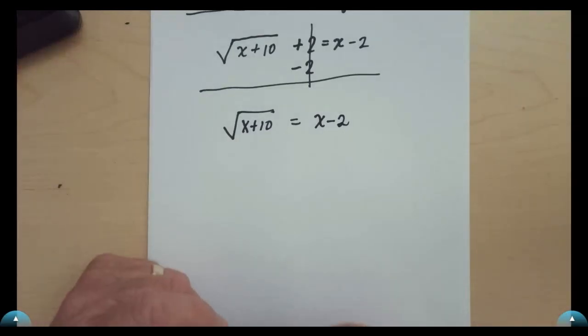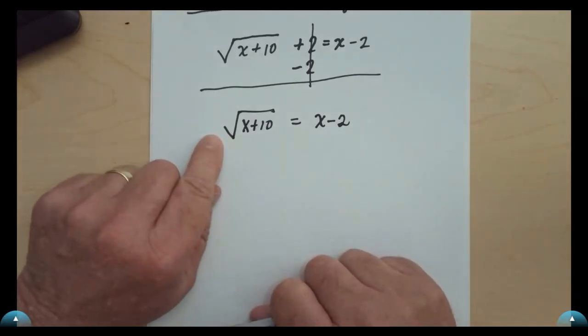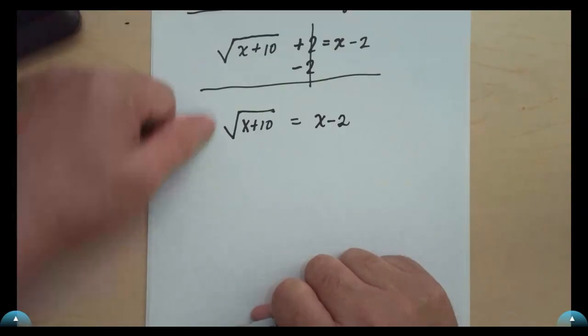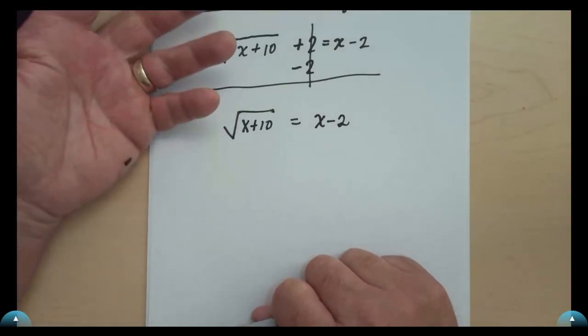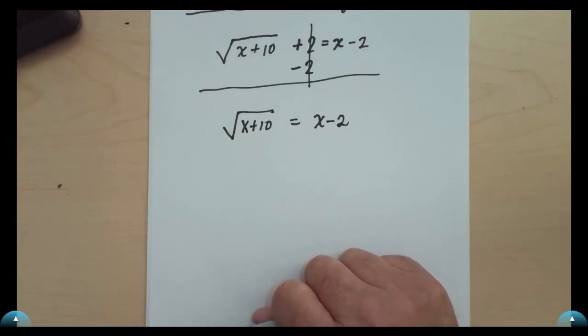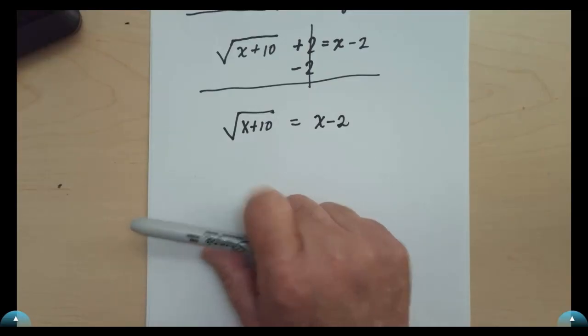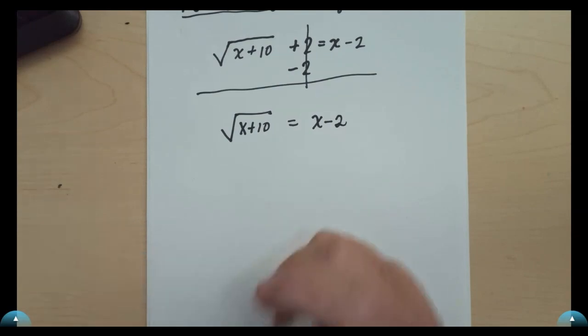So now I know that I need to get that x out from under that square root, or I need to get rid of that square root symbol, because I can't figure out what x is when all I can see here is the square root of x. So how could I get rid of that square root? You can square it. What if I squared it?